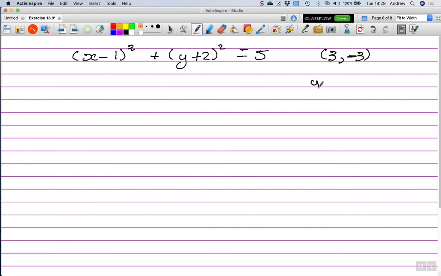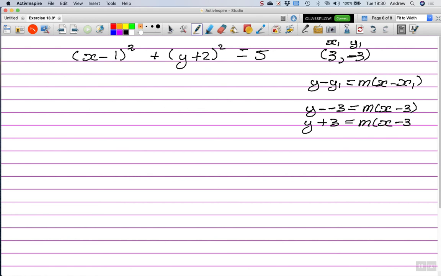So we're looking for a straight line, and a straight line is y minus y1 is equal to m times (x minus x1). We already know that (x1, y1) is (3, minus 3), so y minus minus 3 is equal to m times (x minus 3). So y plus 3 is equal to m(x minus 3). In order to solve this problem, we need m.